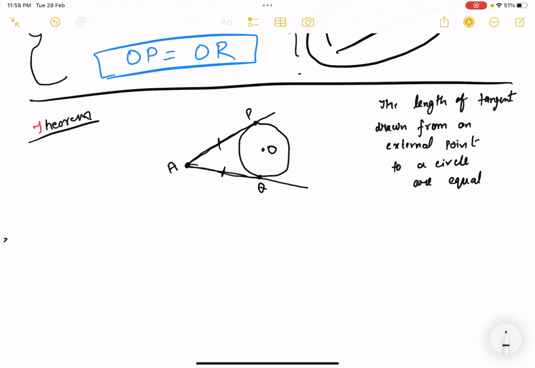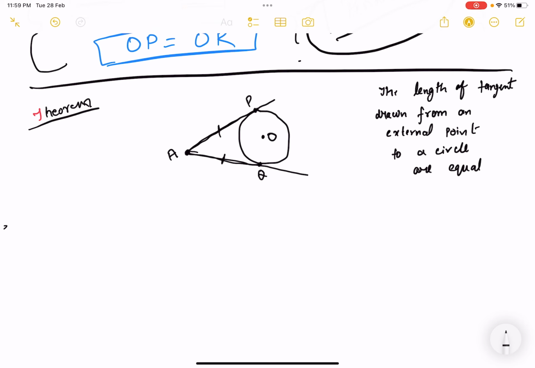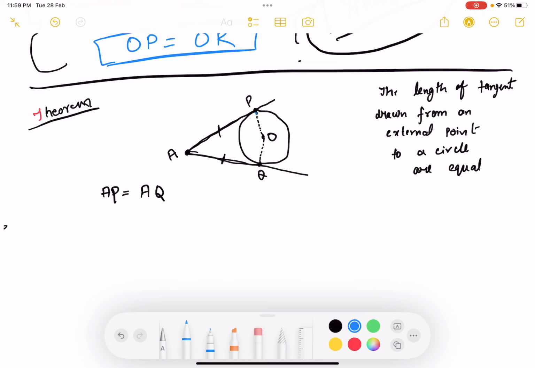Again, the proof has been asked in the CBSE board exam many times, and its proof is very important. So what we have to prove? We have to prove that AP is equal to AQ. Okay, so we'll make some construction here. We'll join this and this. This is the radius. OP is radius, and also OQ is radius.